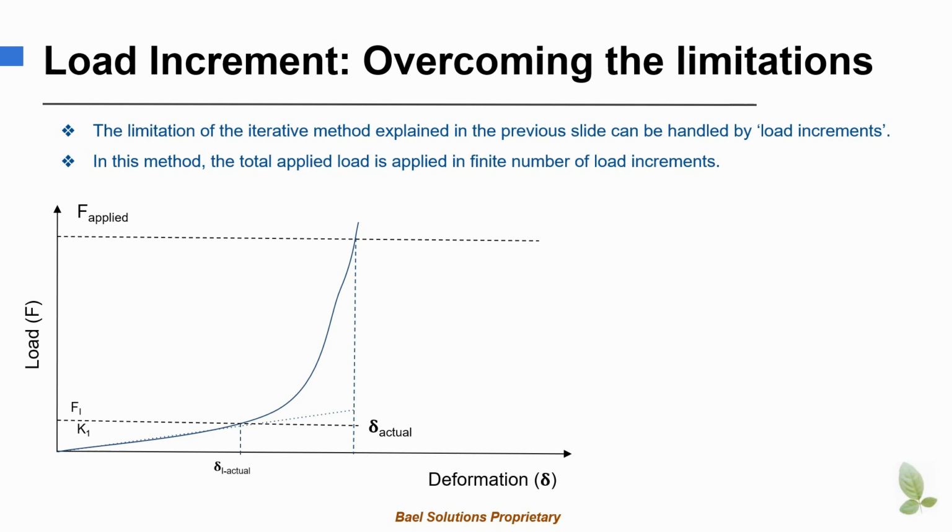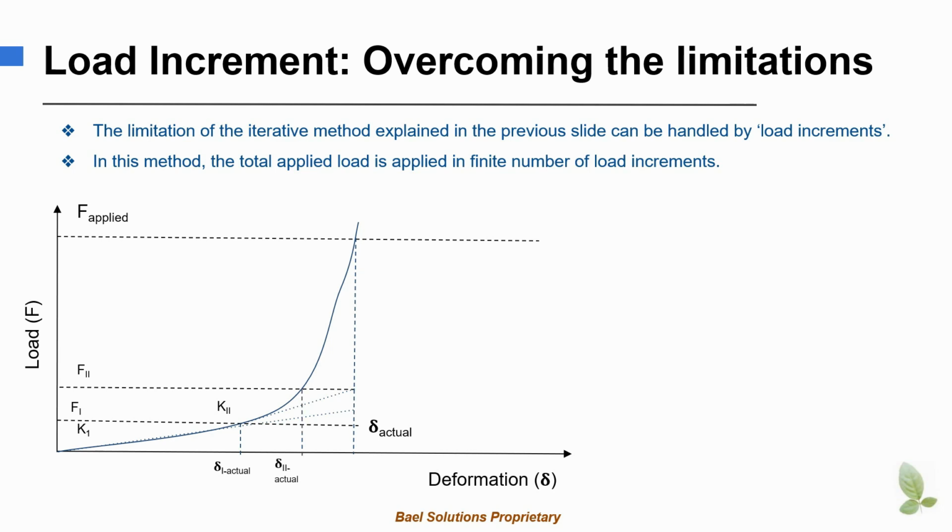In the next step, we calculate the stiffness of the deformed structure with deformations equal to delta 1 actual, and apply additional small load F2. We repeat the Newton Raphson iterative procedure for load F2 to get the deformations delta 2 actual.